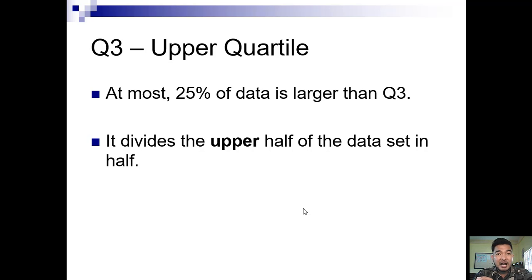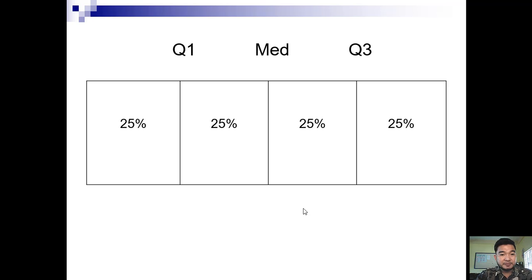Ngayon, yung higher half, pag dinivide mo yon into 2, si third quartile yon yung nasa pinakagitna ng higher half. Tapos, syempre, kung si third quartile ang humahati dun sa higher half, 25% mas mababa sa kanya, 25% mas mataas sa kanya.